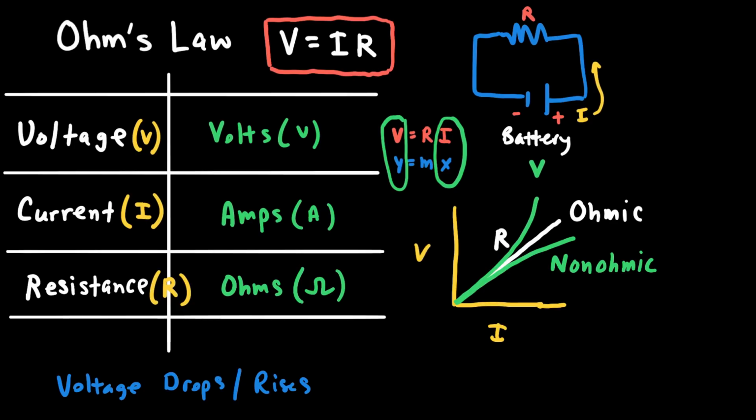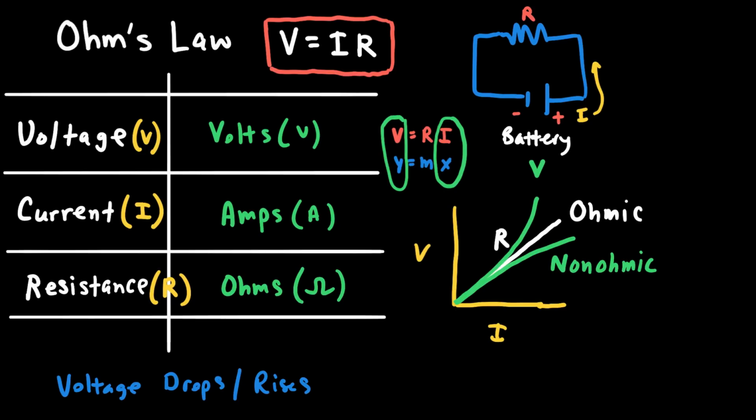As charge moves across an element where there's a voltage drop, and so the wires connecting the battery and the resistor in my circuit have no resistance, and therefore we say that there's no voltage drop, but across a resistor, or maybe more importantly, a light bulb, which acts pretty much like a resistor in a circuit, across that light bulb there is a voltage drop.